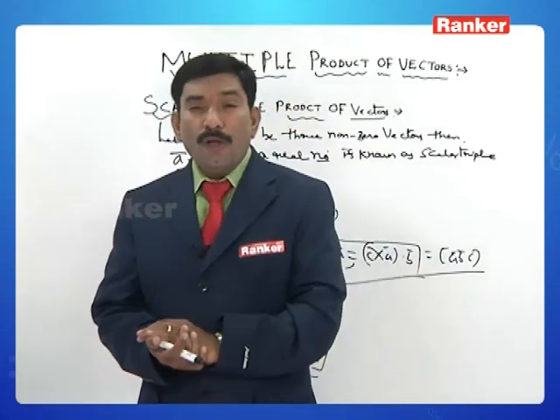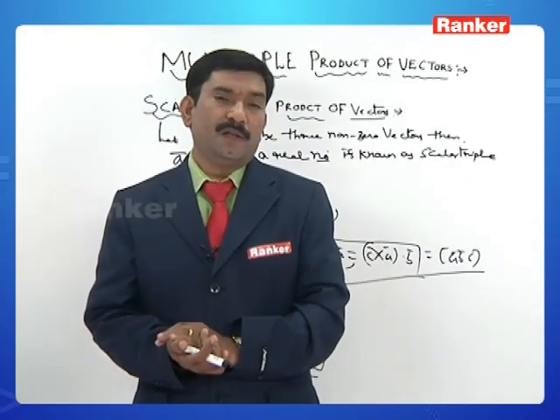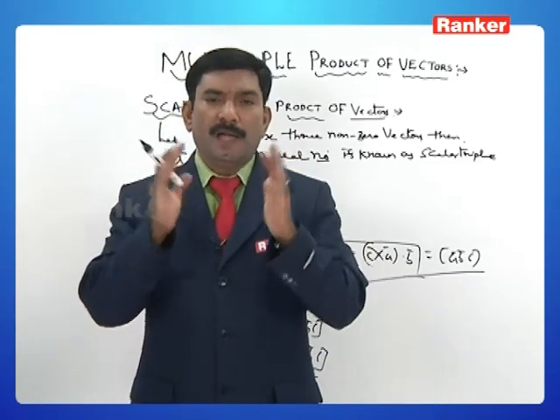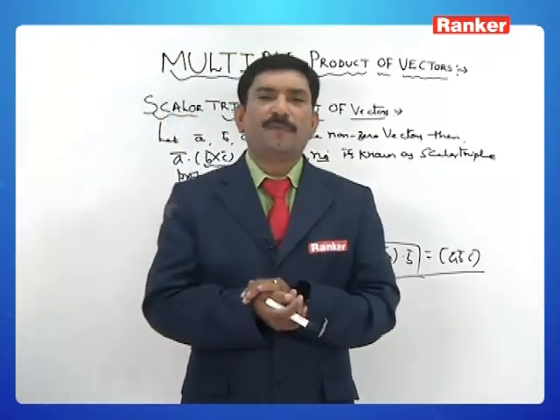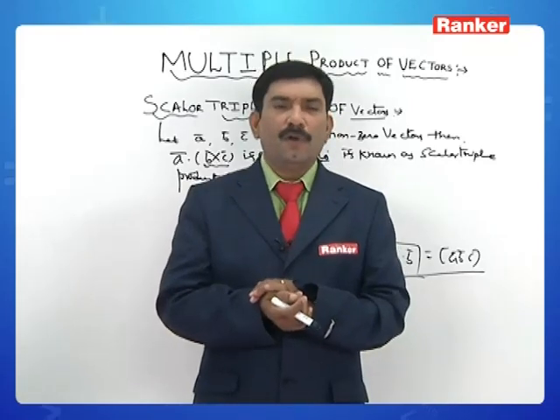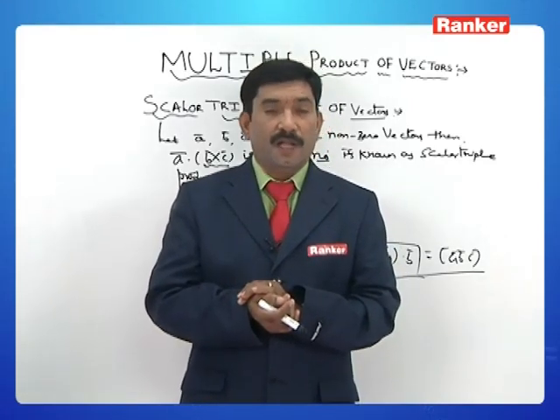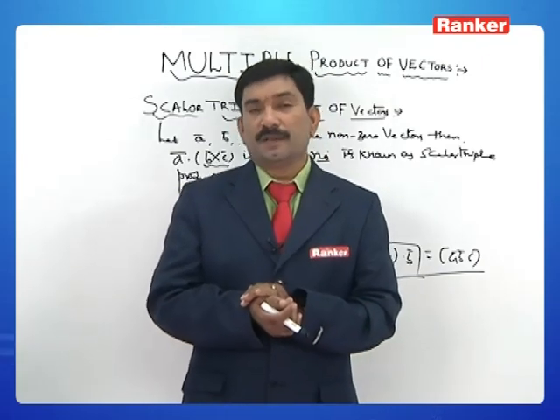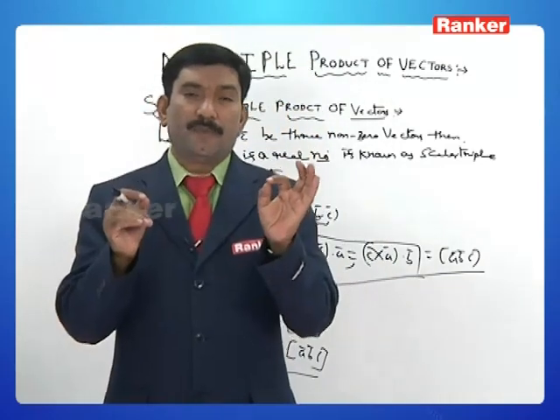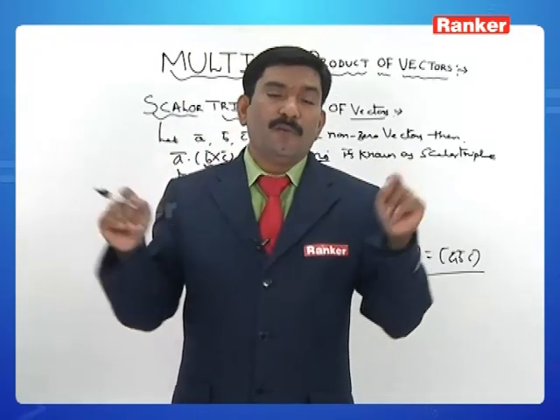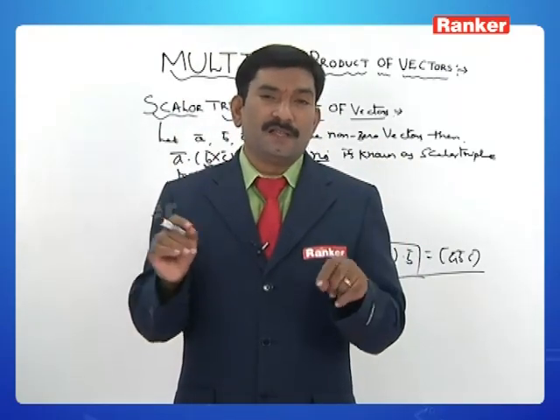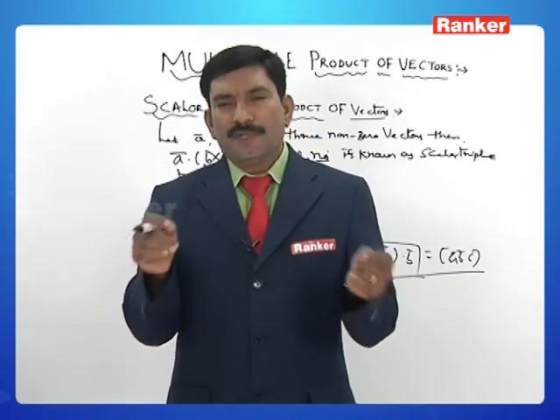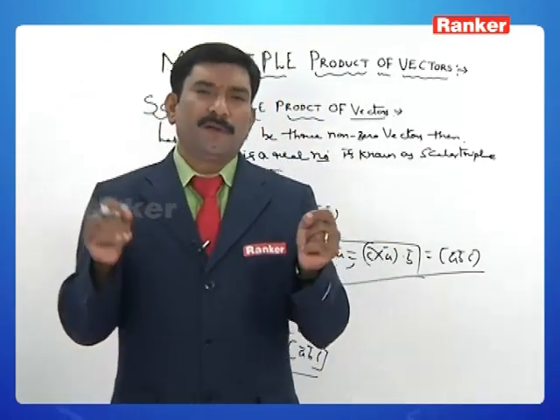That is, box of ABC can be interpreted as the volume of a parallelepiped or the volume of a tetrahedron. As we know, already we have come across the dot or scalar product, with its geometrical representation as the projection of A bar on B bar or projection of B bar on A bar.